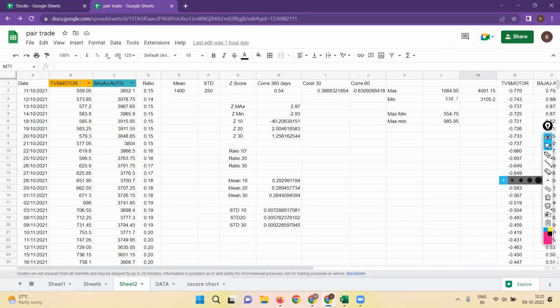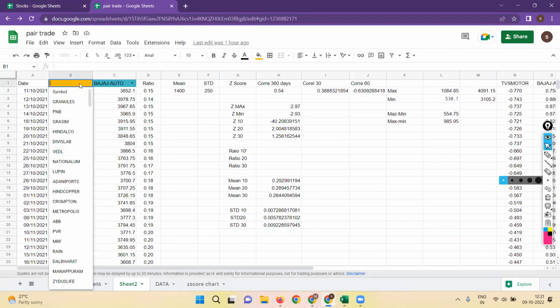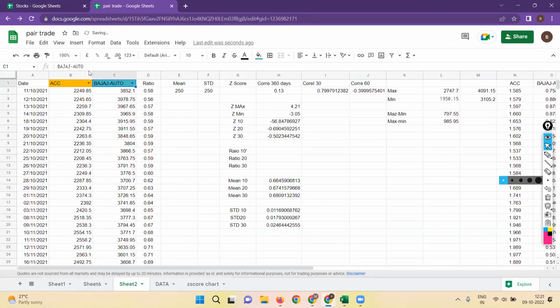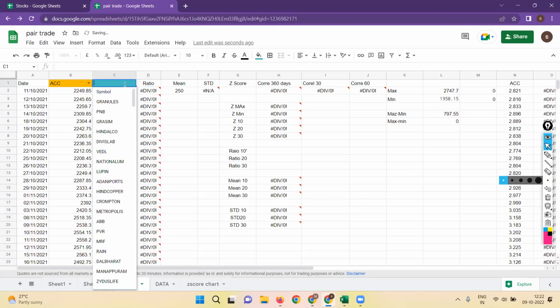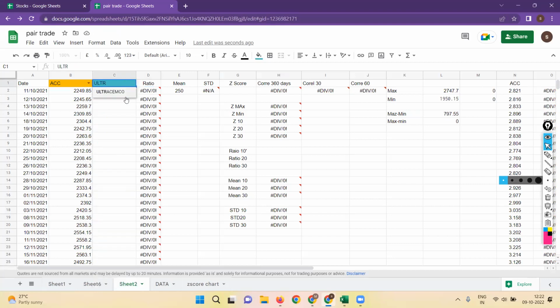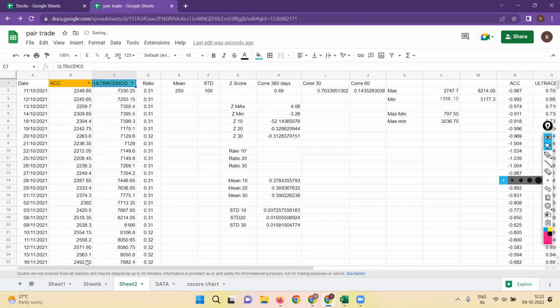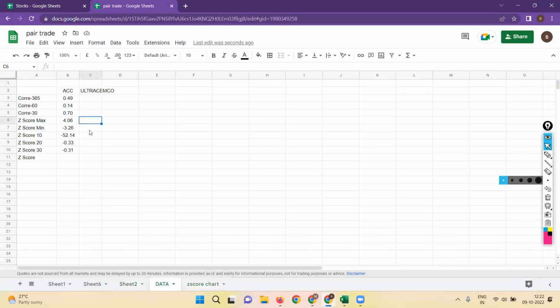In the case of ACC and Ultratech Cement, the total correlation is 48 on the previous 1 year of data, but I still found a good opportunity.